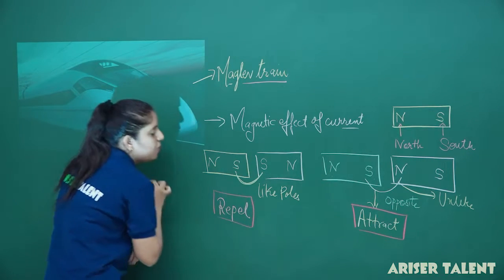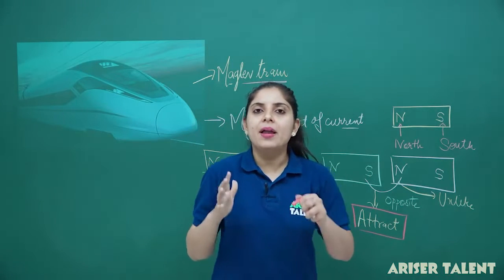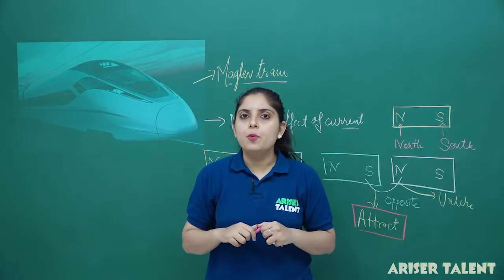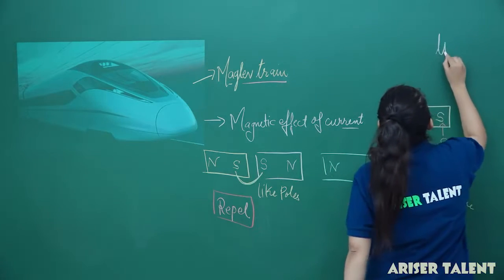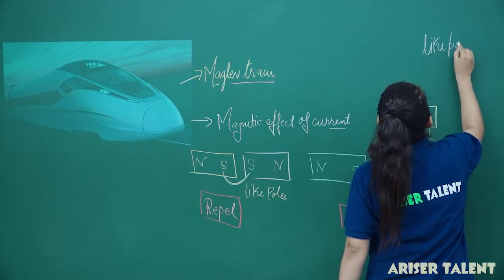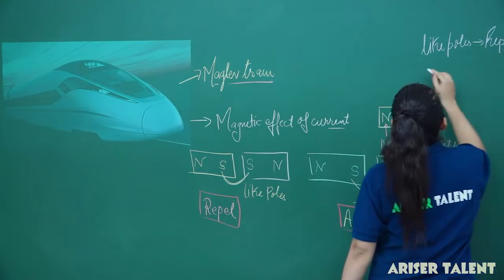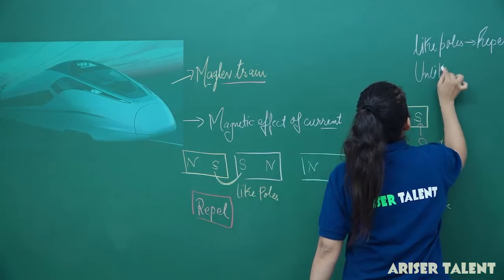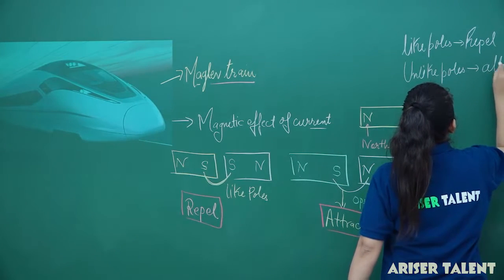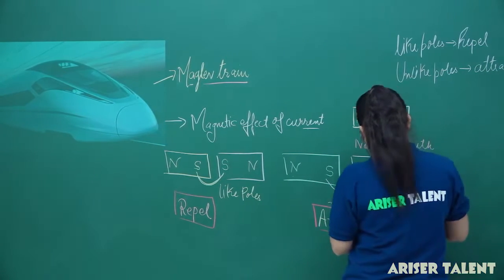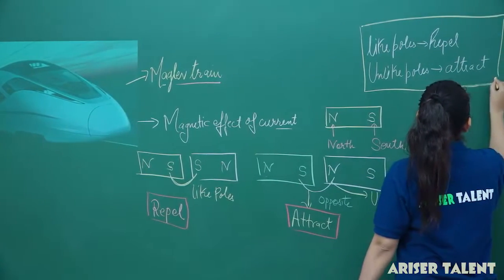So one conclusion I can draw from this is that like poles repel and unlike poles attract. This is the basic property of a magnet.